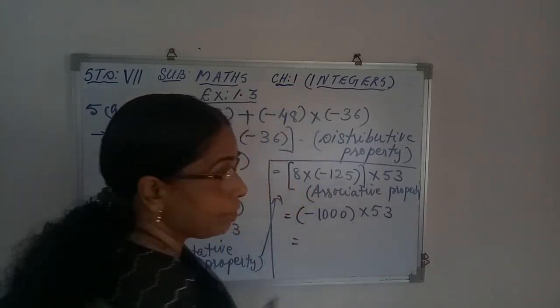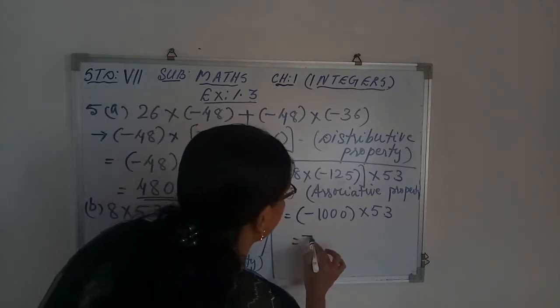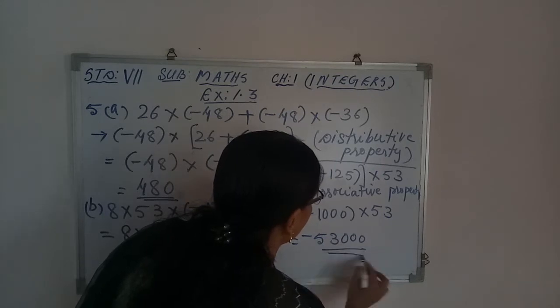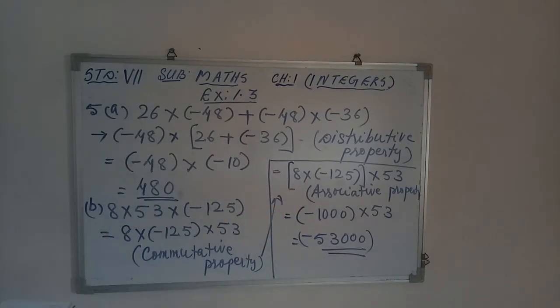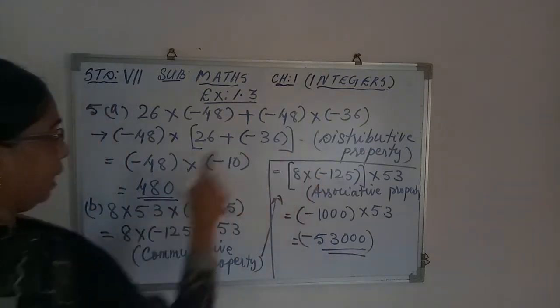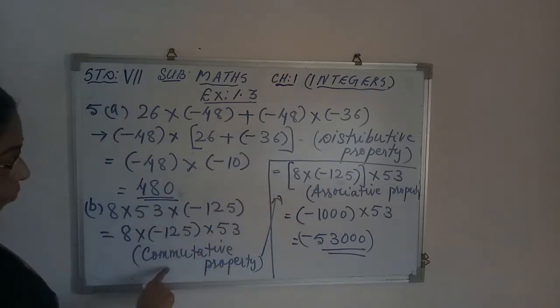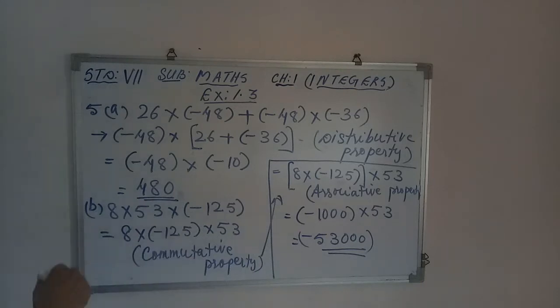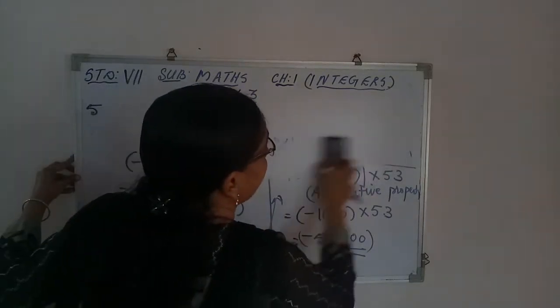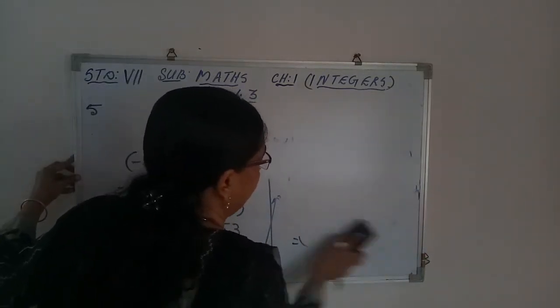Minus into plus is minus, so we get the answer minus 53,000. Is that clear? Any doubt? So here we use two properties: first commutative and then associative. Now, question C in question number 5.